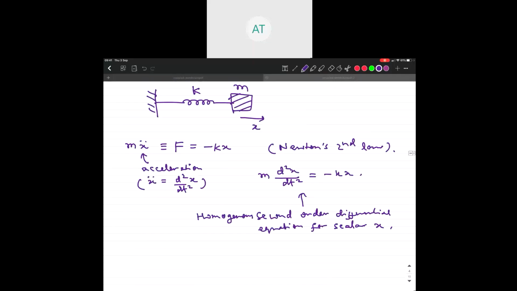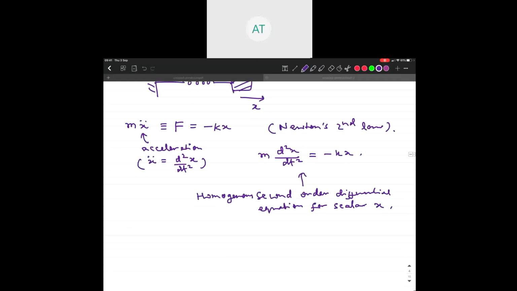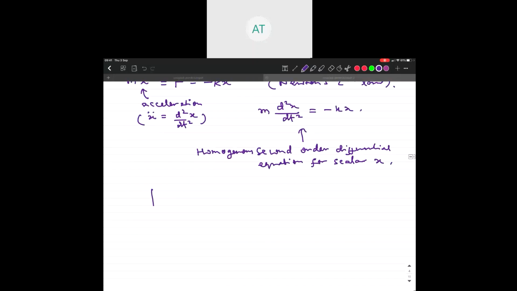So this is basically a simple second order differential equation. You would have solved it many a time. I would not get into solving this at this juncture. My idea here is to generalize it to a slightly more involved problem where you will see how vectors and tensors creep in.